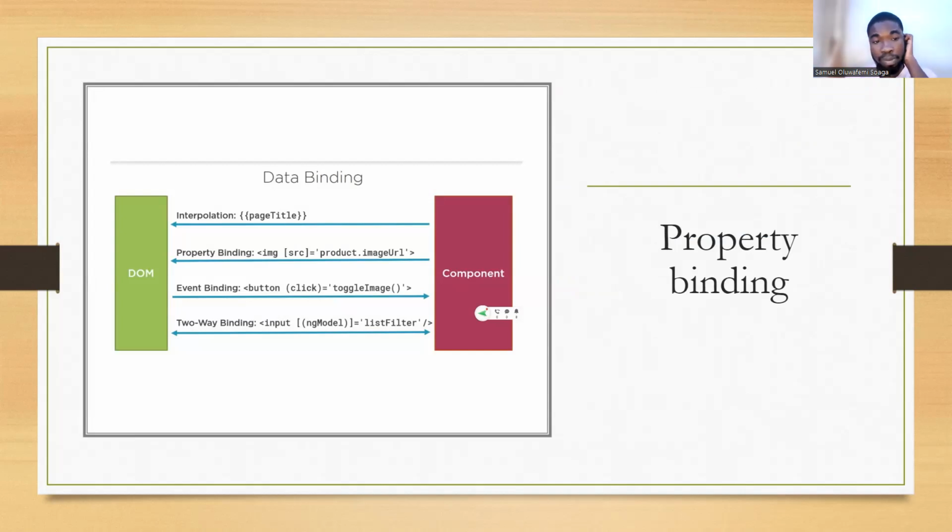In this example, on the second line, property binding occurs. We want to display an image in our application. So in the image tag, the src, the source property, is put in angle brackets and it is set to a variable that we have defined in the component, where the address of the image is defined.